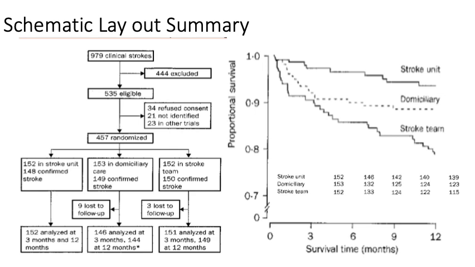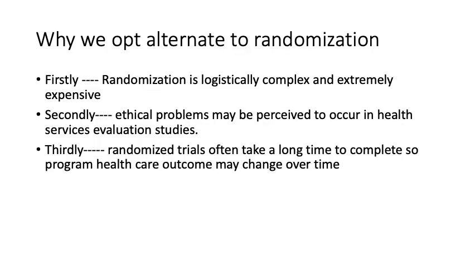So these kinds of randomized trials were used to assess what kind of approach is most effective and whether the insurance company should pay for such a long duration or how much they should pay. Now, why do we opt for an alternate to randomization? Because randomization is logistically complex and extremely expensive. Secondly, ethical problems.